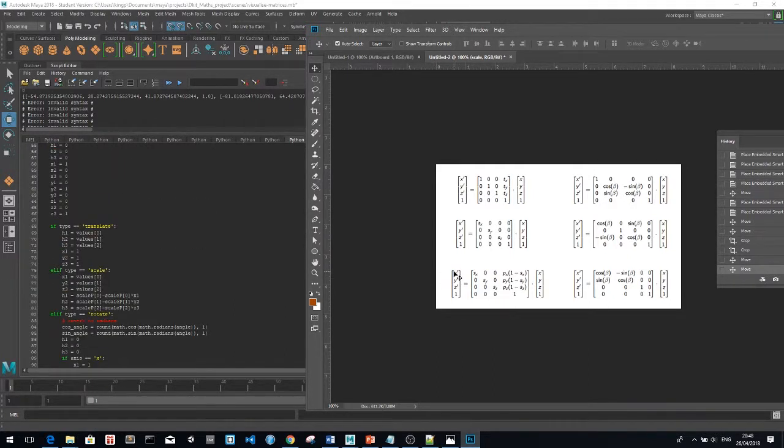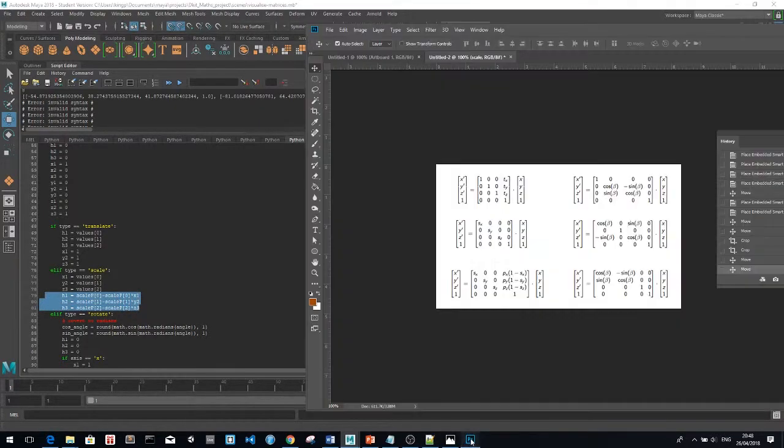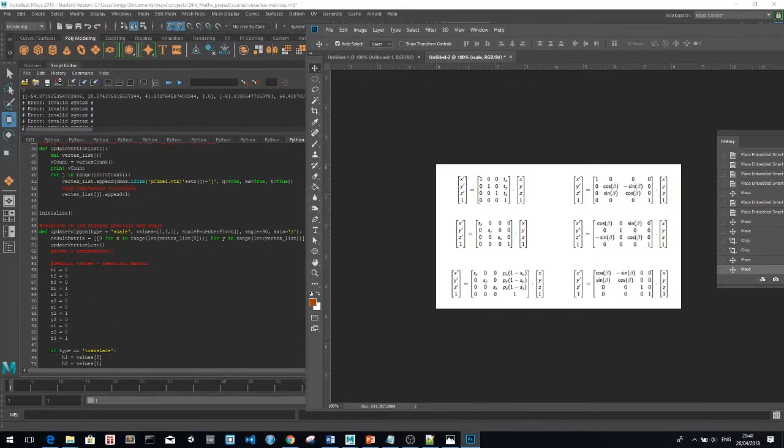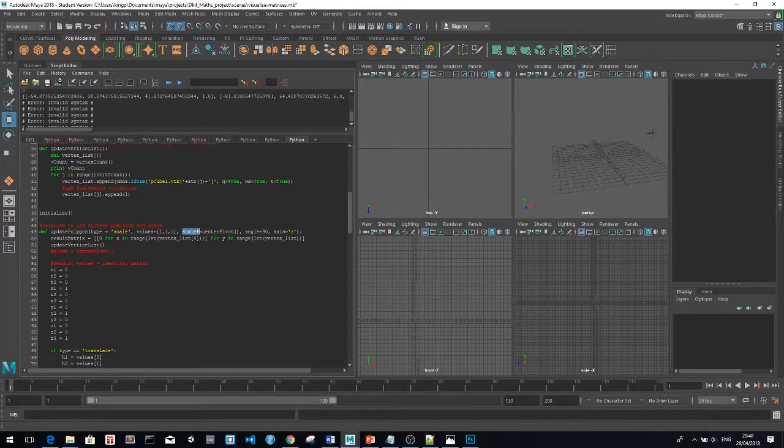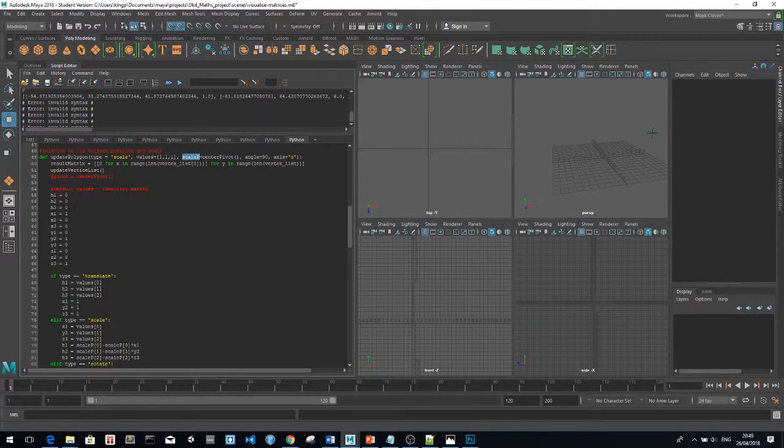For scaling, we're using this formula here. It's for an arbitrary point, and the h1, h2, h3 values update with the points that are passed in through this variable scale p, and if that's not passed in, then it will take the default values here. This default matrix is the identity matrix.